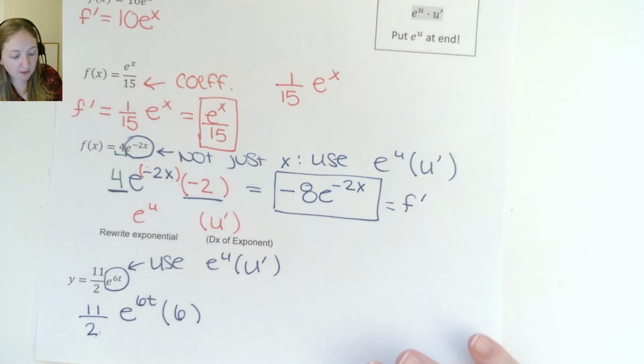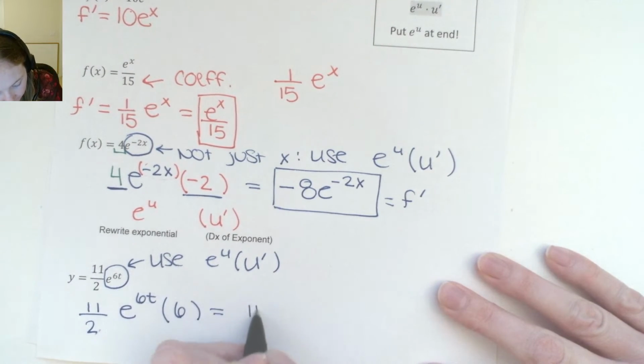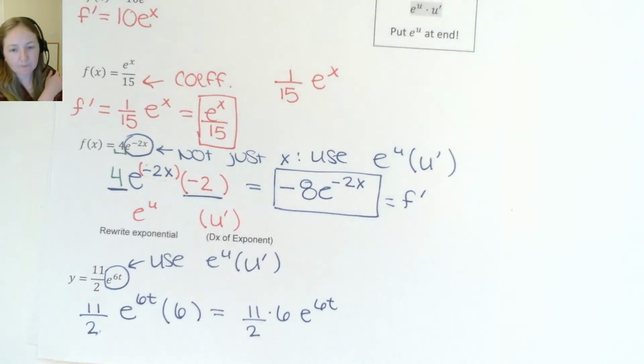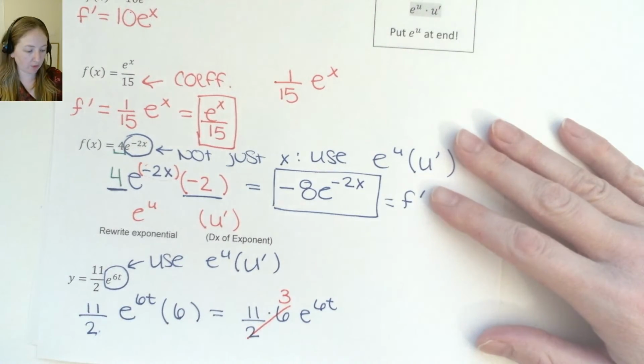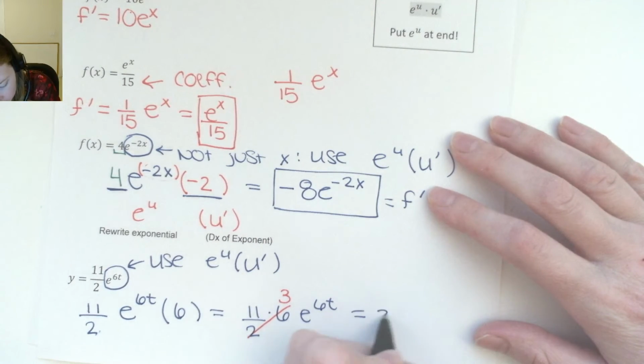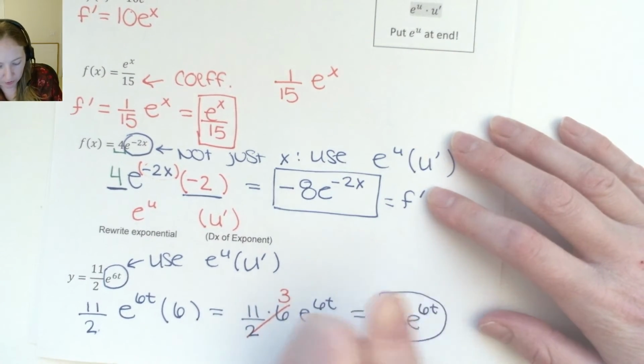So you can then combine the 11 halves and the 6. That will become 11 halves times 6 e to the 6t. And then notice here that the 6 and the 2 cancel out to just give you a 3. So that's going to give us 33 e to the 6t as our derivative.